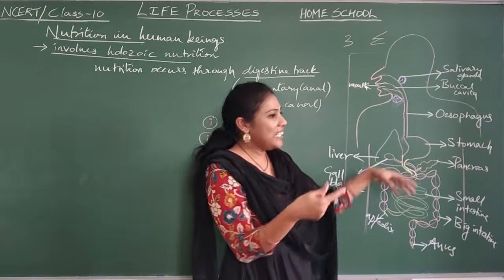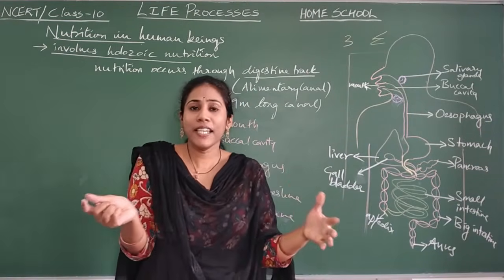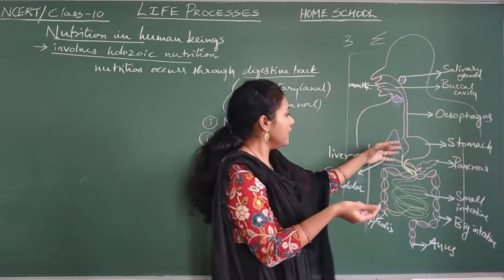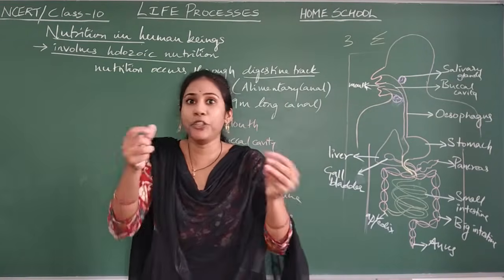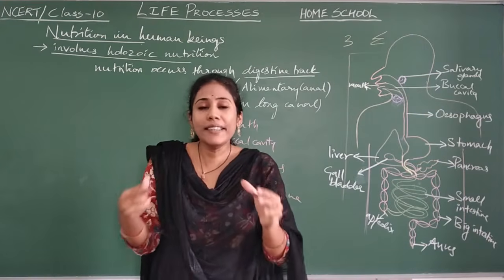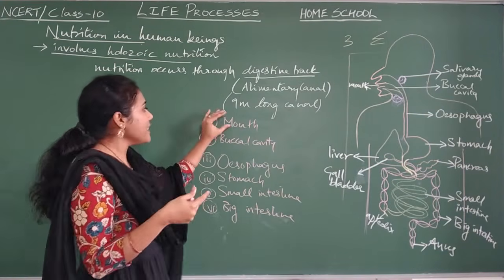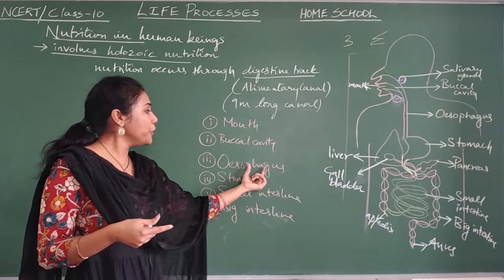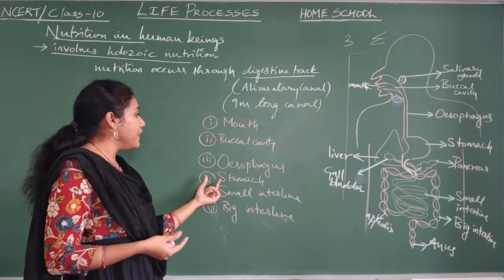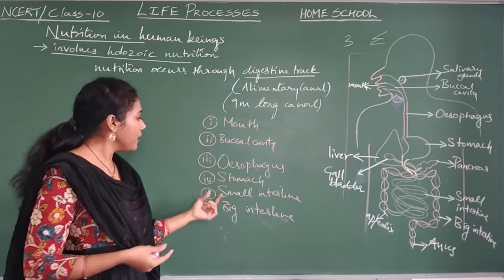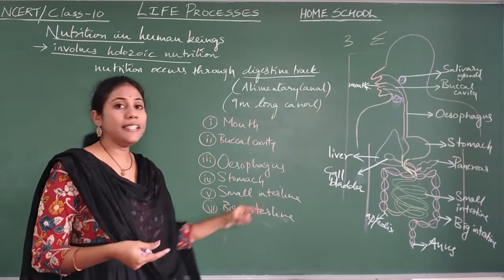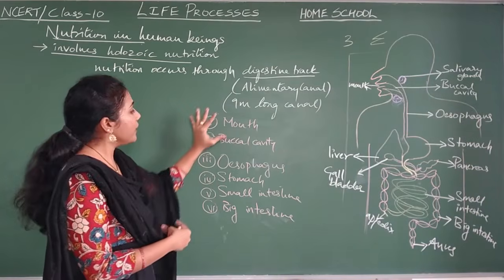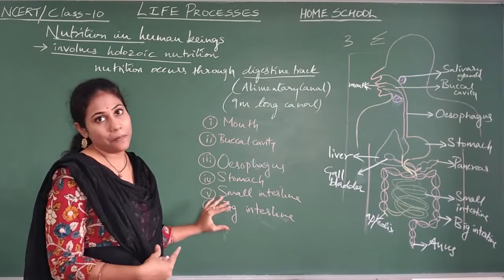So we have to discuss what is happening in the mouth, what is happening in the buccal cavity, how the food moves in the esophagus, what is happening to the food in the stomach, and in the small intestine as well as the big intestine.